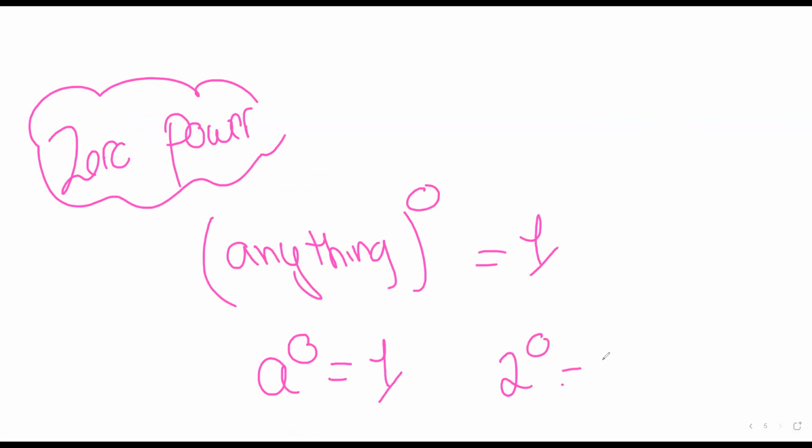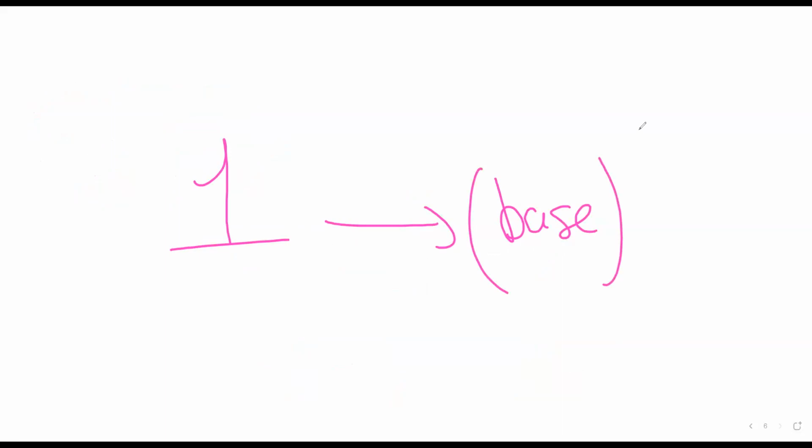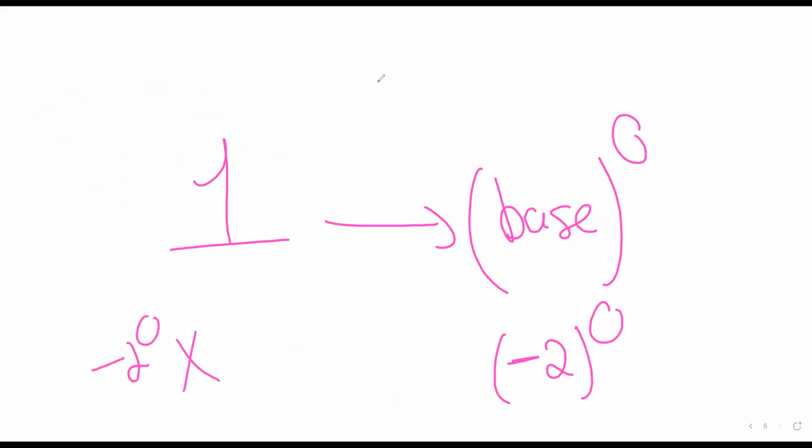If I write 2 to the power of 0, the answer is 1. So the 1 could be replaced by any base that you want, just make sure the power is equal to 0. Even if the base is negative, you must place it between brackets and the power outside, like this. Otherwise it's wrong, and you get -1.